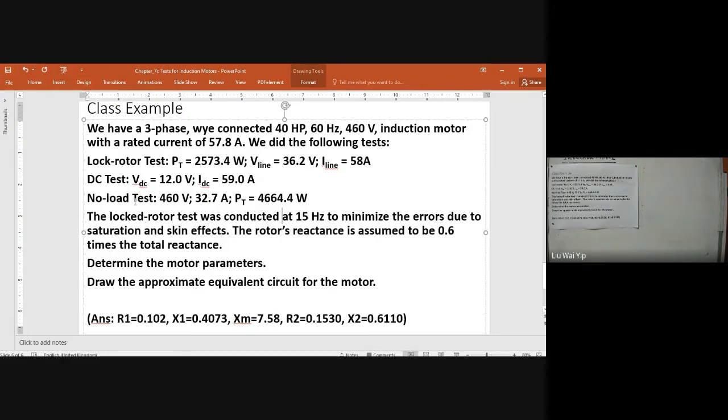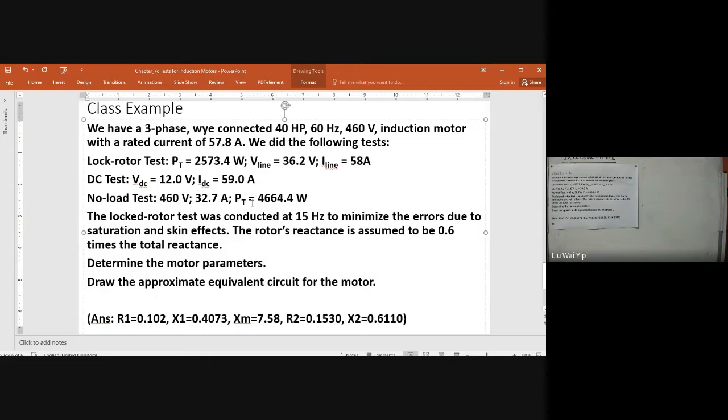And we also have a no-load test. Remember, normally in a no-load test, we adjust the voltage to the line voltage. So if the line voltage is 460, then the voltage to be used for the no-load test should be the same, because eventually we want to obtain the synchronous speed.